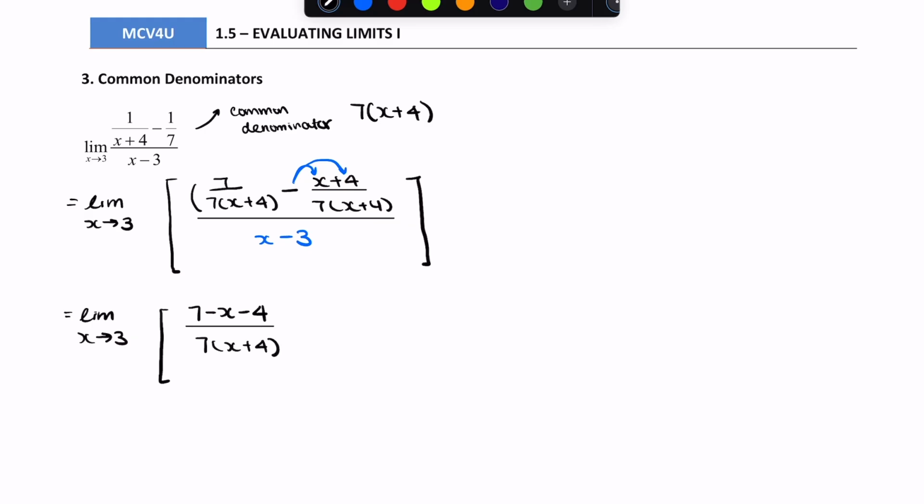And we also have the 1 over x minus 3, which we'll write on the side here. And that's just from the denominator of x minus 3.